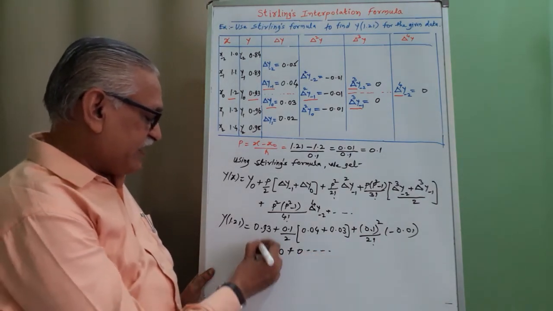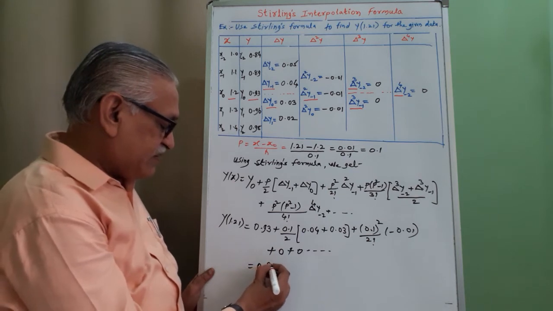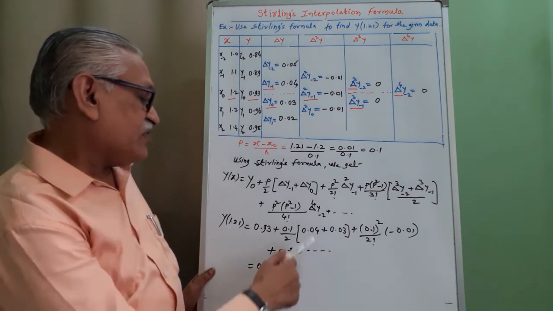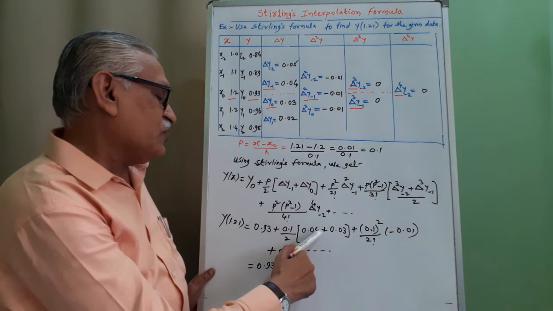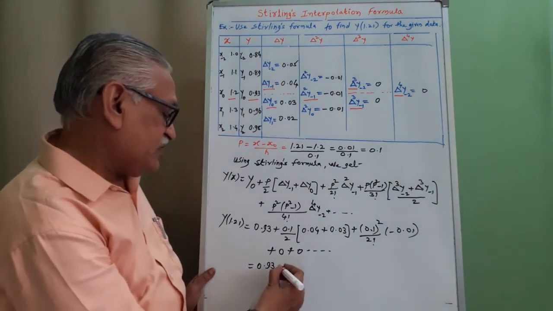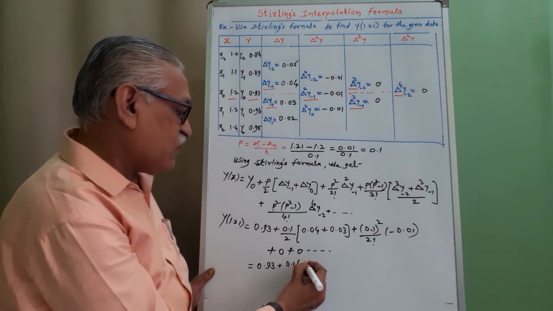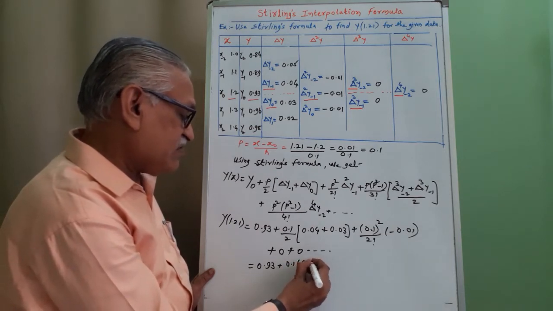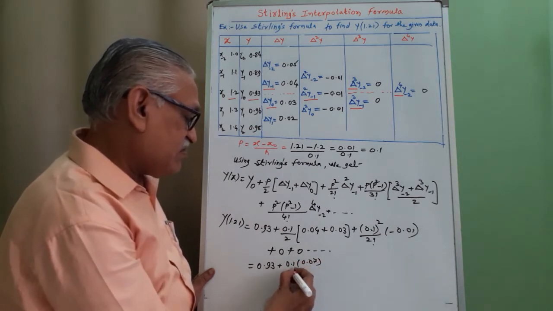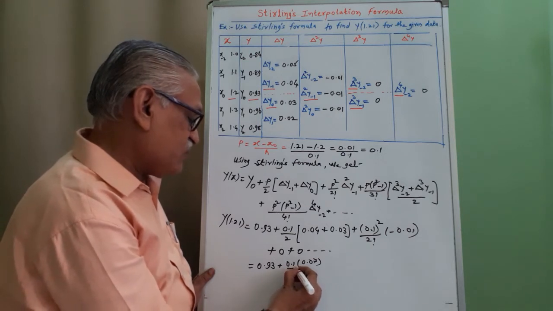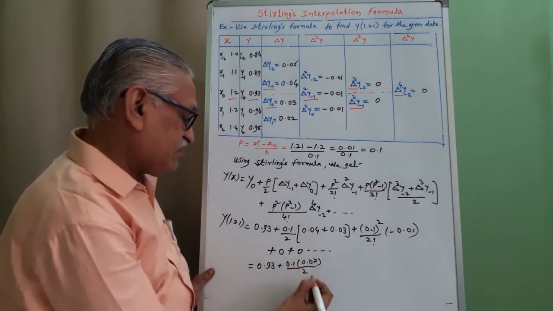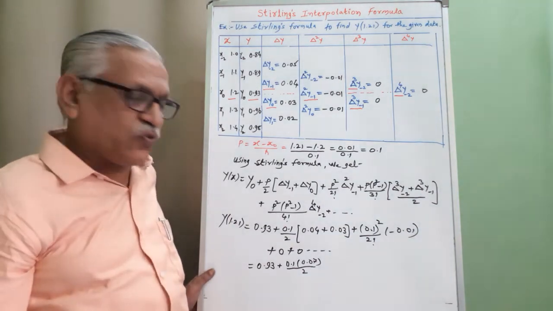Simplifying it, we get 0.93 plus 0.1 into 0.07 divided by 2, since 0.04 plus 0.03 is 0.07.